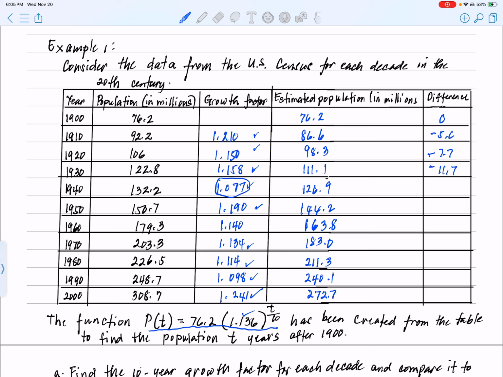So 126.9 from 132.2, we have 5.3. So 144.2 from 150.7, we have a negative 6.5.